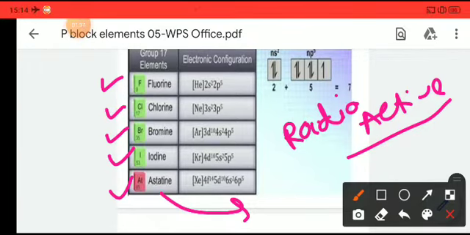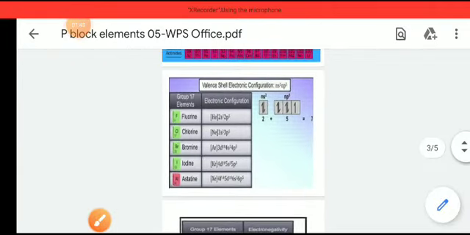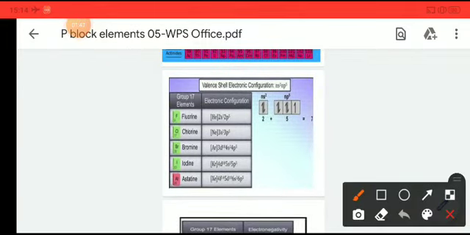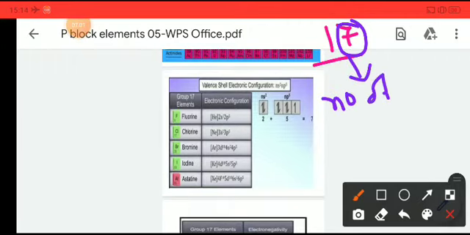I have given you a trick by which you can easily determine the valency, as well as the number of valence electrons and the electron configuration, of any element present in a group. Here the group number is 17, so the last digit is 7. So the number of valence electrons should be 7.